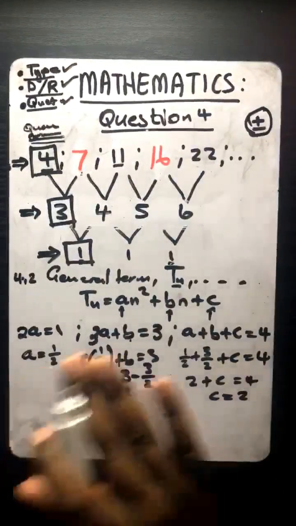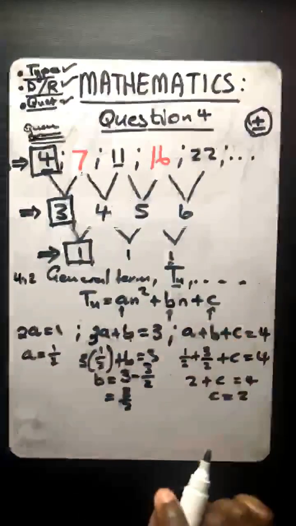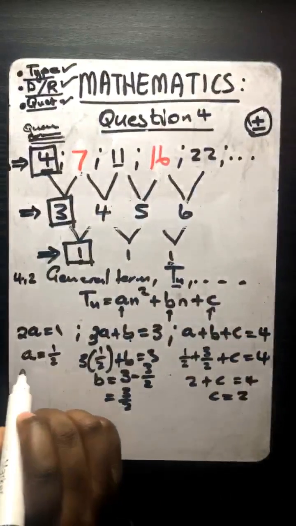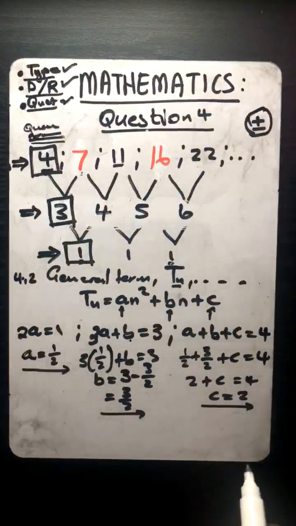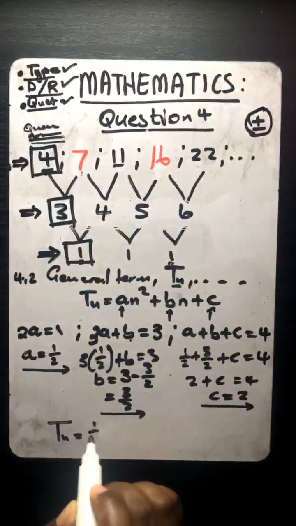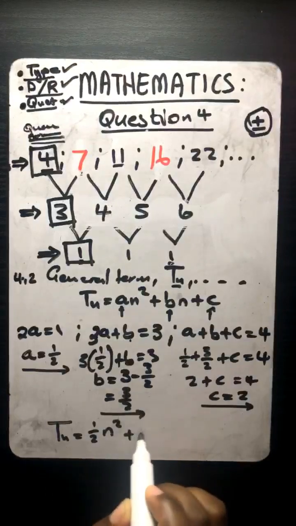That's all that you need in order to be able to give the general formula. So you just need to plug in the a value, your b value, and your c value. So you just say Tn equals, what is a? It's half, n squared. What is b? b is 3 over 2.